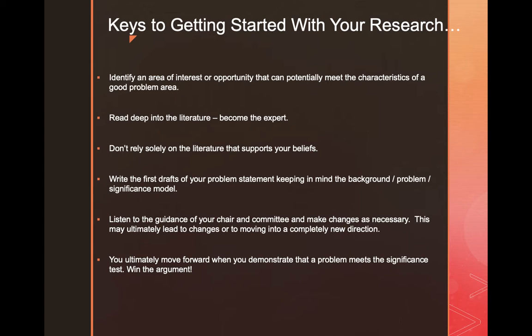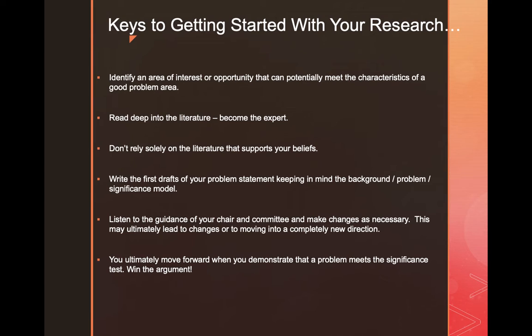Well, this is pretty much for a dissertation, but instead of chair and committee, that would be your faculty member or any other faculty that maybe has the same kind of interest that you do. So this may lead to changes or also moving in a different direction. And you'll ultimately move forward when you demonstrate that a problem meets the significance test.